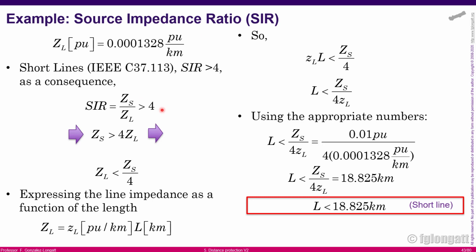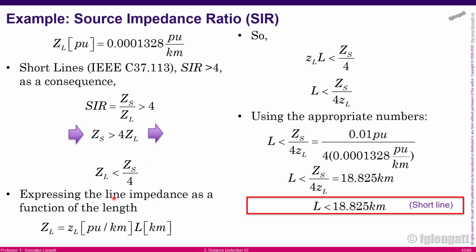What I'm trying to say is, if we are working with short lines, the source impedance divided by the line impedance must be bigger than 4, or in other words, the line impedance must be less than the source impedance divided by 4. But what we want is not the total impedance in ohms. What we are looking for is the length that defines a short line.